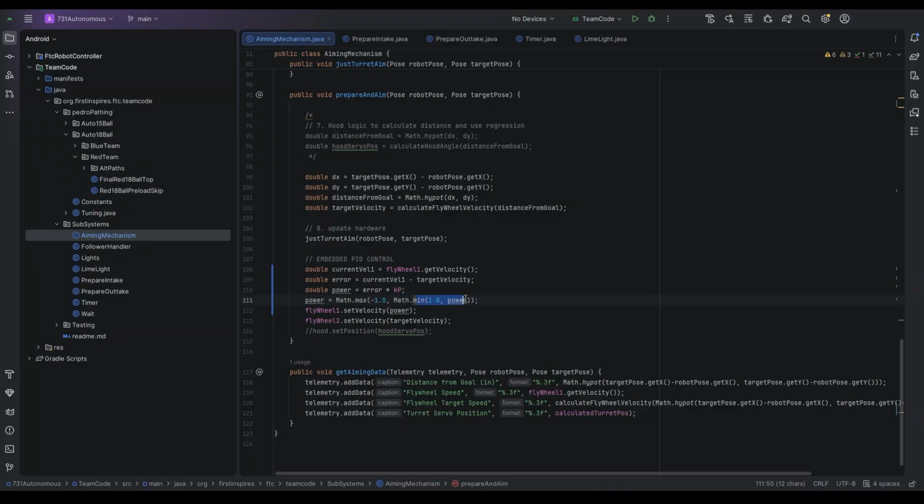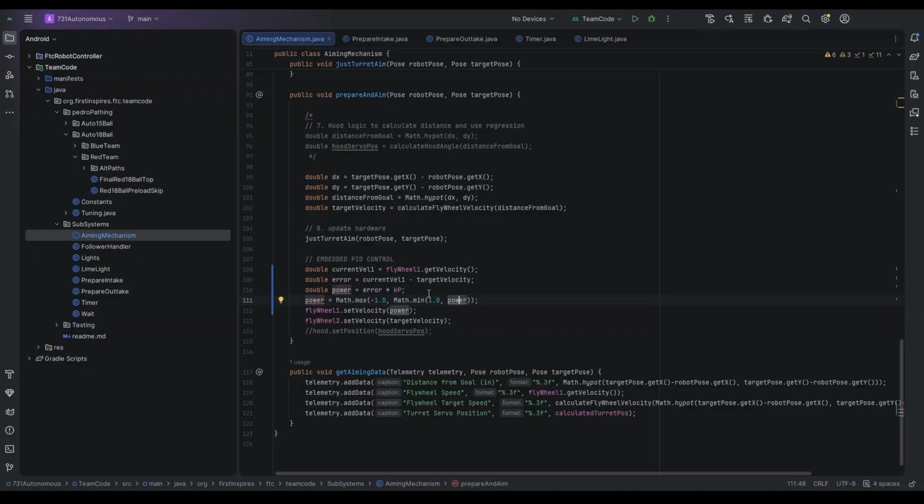So whatever's greater. So actually whatever is less. So let's say we have a current velocity of 350 and a target of 750. So that gets us about 400. 400 times your KP constant, which is about, I think, 0.4. So 0.4.